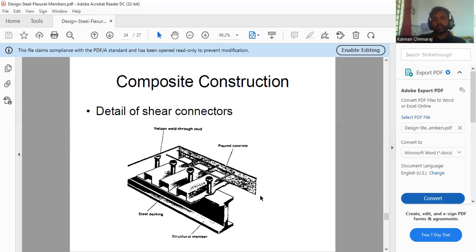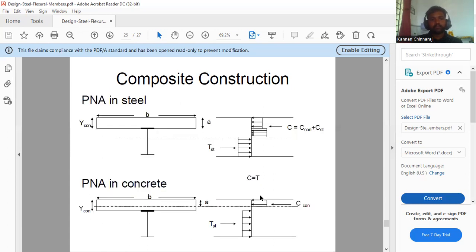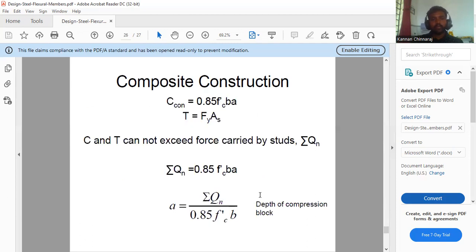This is composite construction, details of shear connectors. In composite construction, C composite equals 0.85 fc' b a, where T equals Fy into As, and C equals T. It cannot exceed the force carried by studs, summation of Qn.